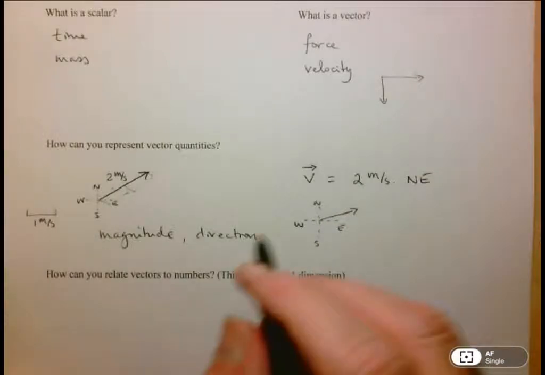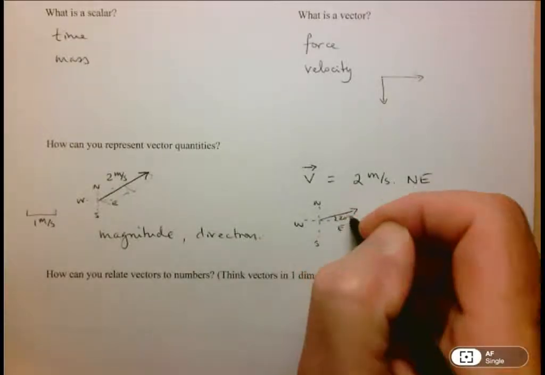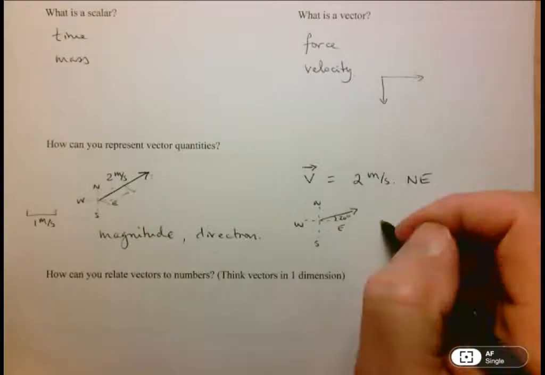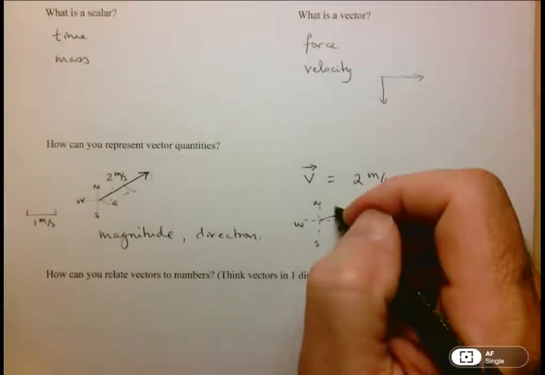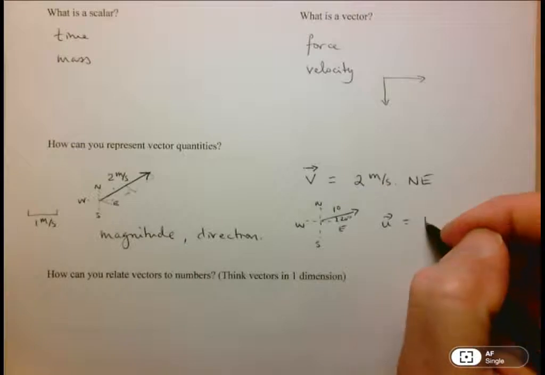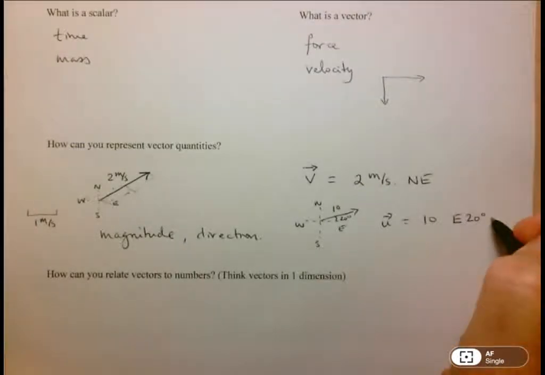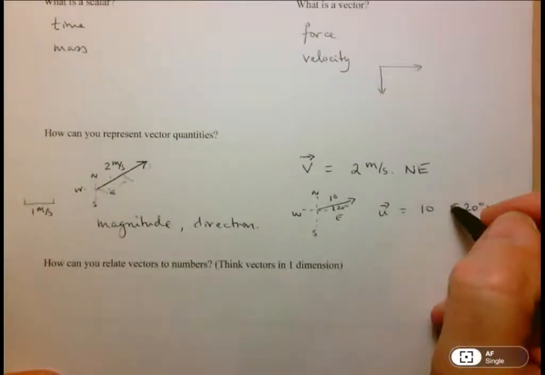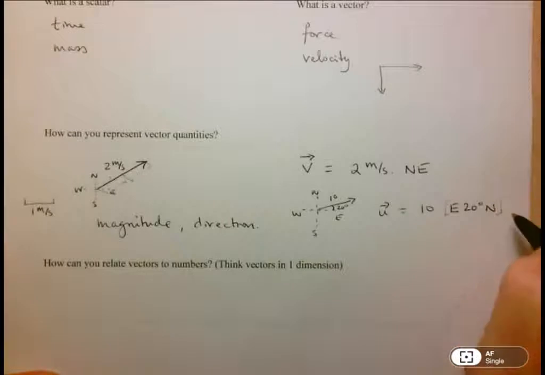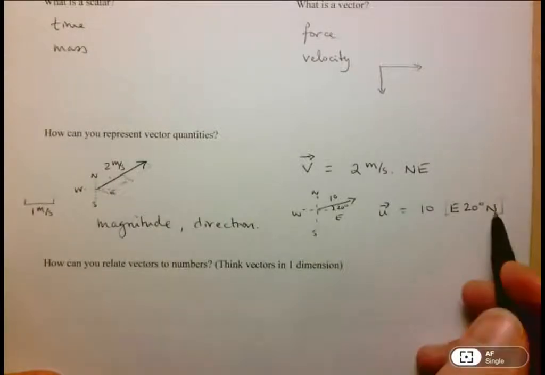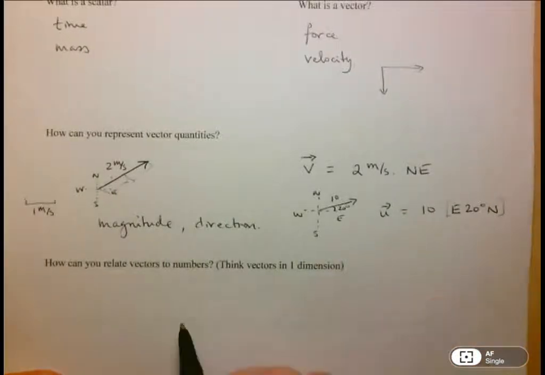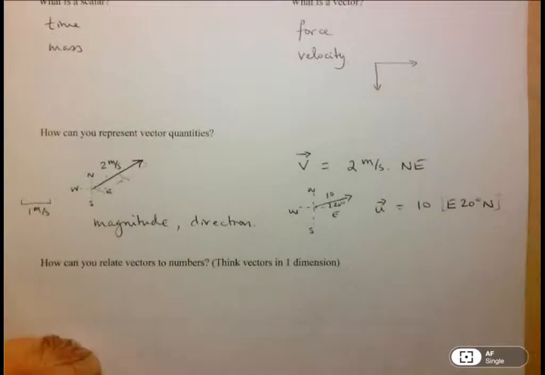Let's say here that was 20 degrees. My vector, say u, and say the magnitude was 10, I could write as 10, and this would be east 20 degrees north. In some physics courses, sometimes we put square brackets around that. You can do that, or not necessary. If you're already doing it in your physics course, then keep doing it, but it's not necessary.